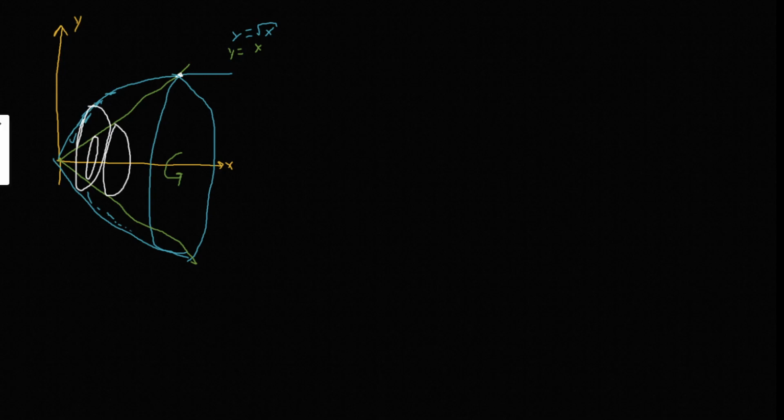So what we're going to do is find the volume of the full thing by saying pi r squared times dx, because we're going to imagine these as little disks with a thickness of dx.